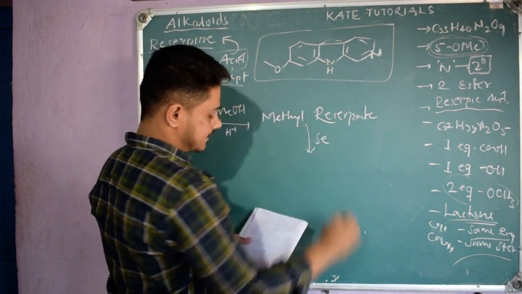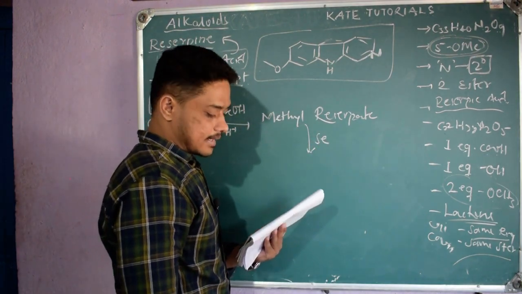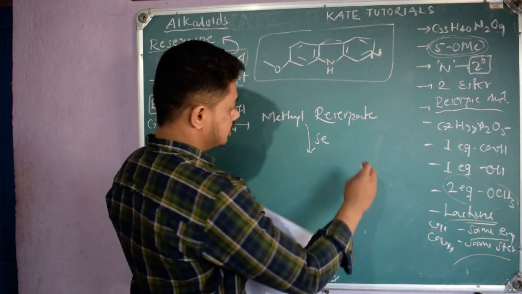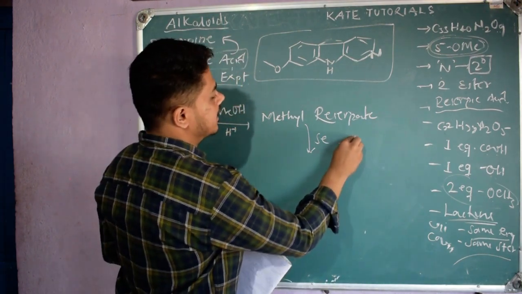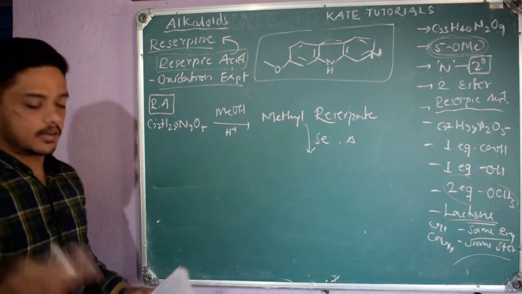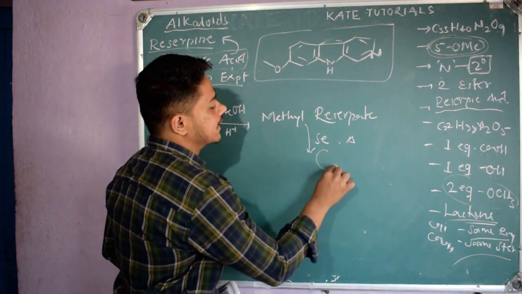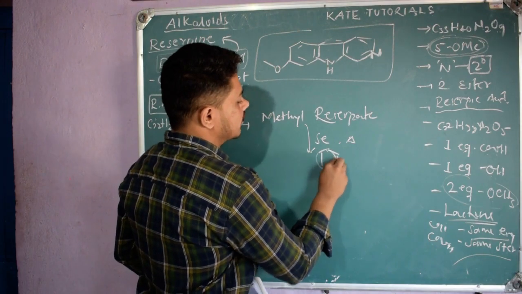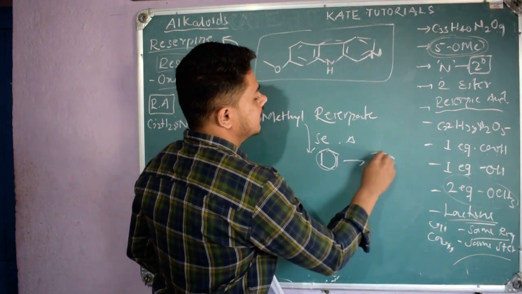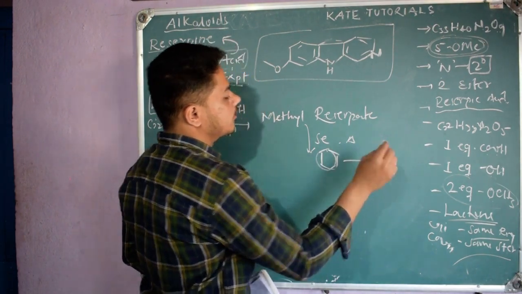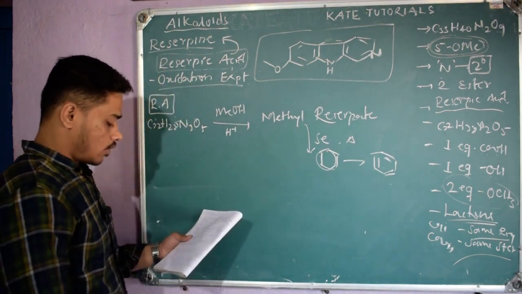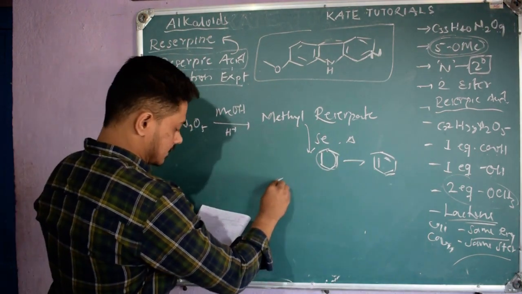To this they added selenium and started heating it, right? Selenium and heat. This selenium will remove the hydrogen and make aromatization. If I have any cyclic compound like cyclohexane, and I add selenium and heat, it will make aromatization, right? So they found out that they used to get this structure.